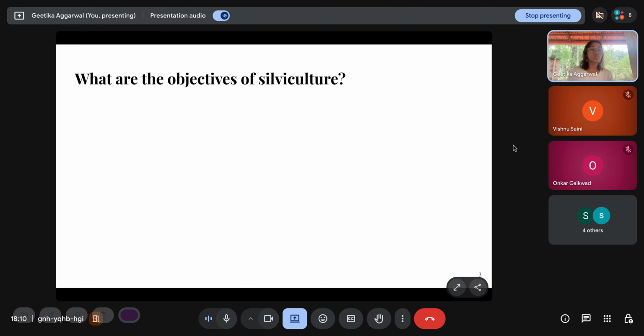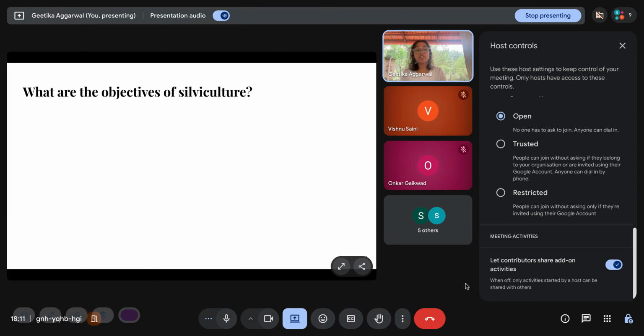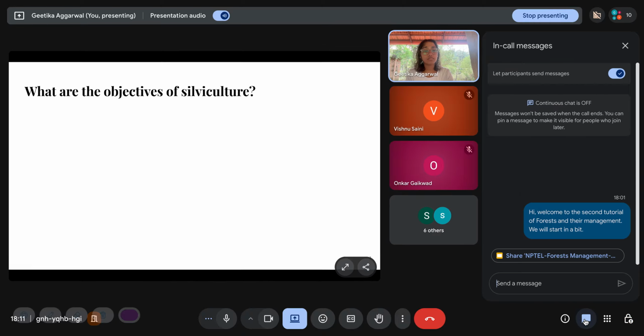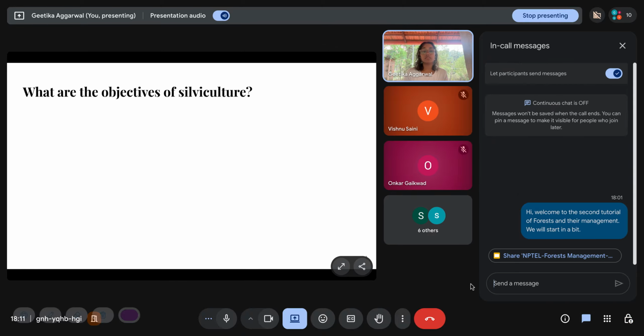So can you guys take a guess on what are the objectives of silviculture? Actually, I just gave away the answer in the previous slide itself a little bit. But would you guys want to take some guesses on what could be the different objectives of silviculture? If you have a land, you have a forest on that, what could be different things that you want from that forest? Any guesses?